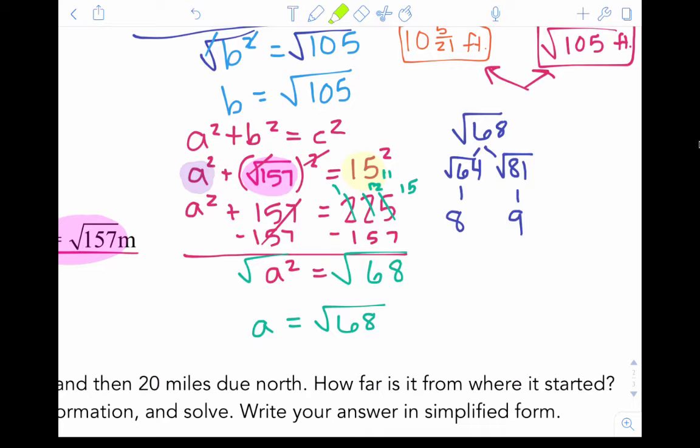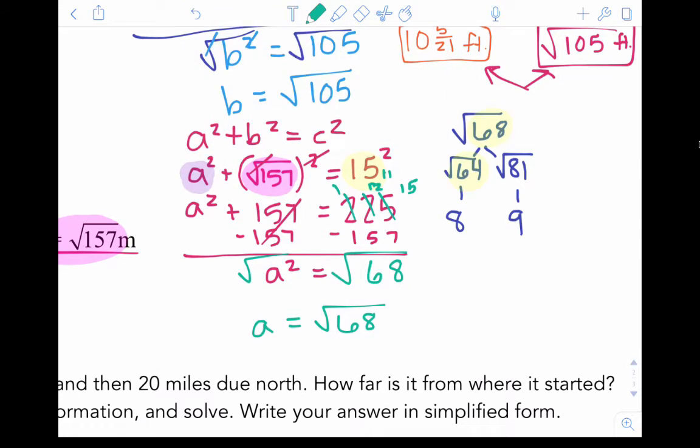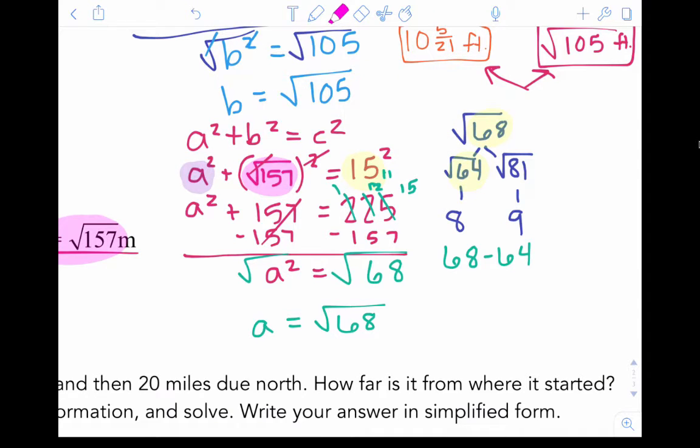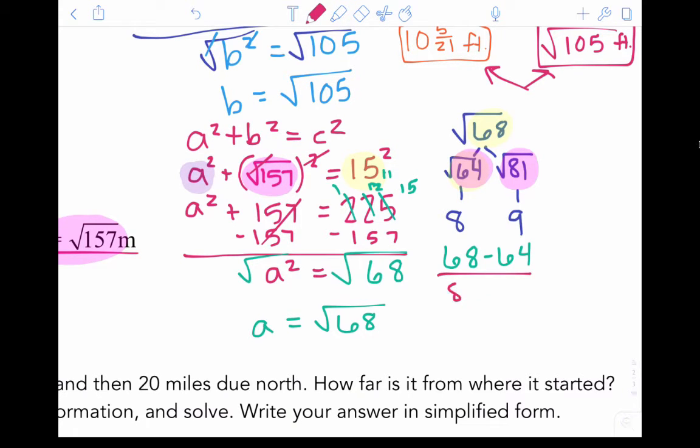Now to figure out my numerator for my fraction, I'm going to take the square root minus the smaller. So 68 minus 64. And then to figure out my denominator, I'm going to take the larger minus the smaller. So I have 81 minus 64.